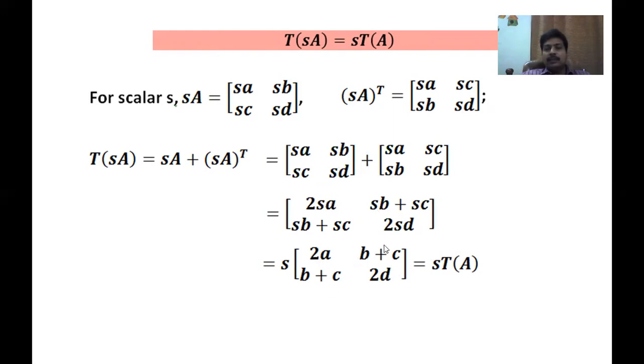This is T of A. So T of SA is equal to S times T of A. That is what we needed to prove as the second property.